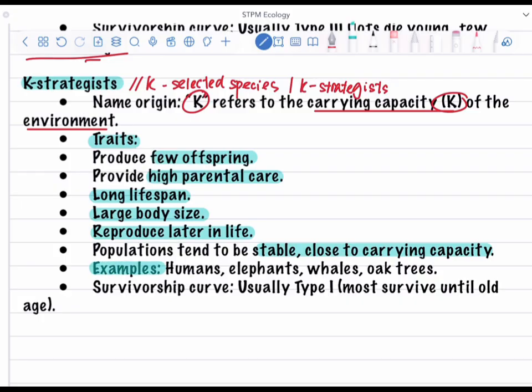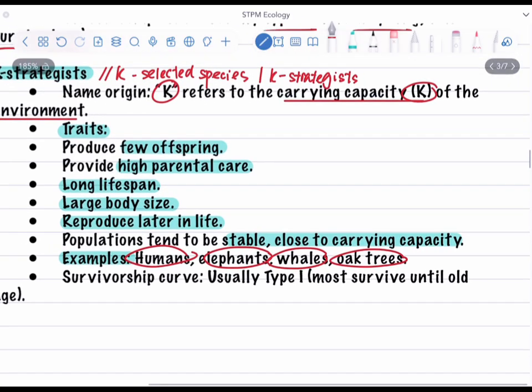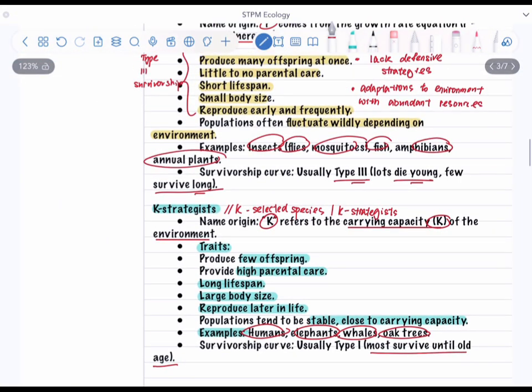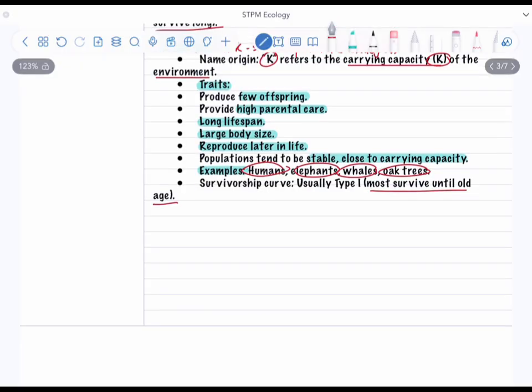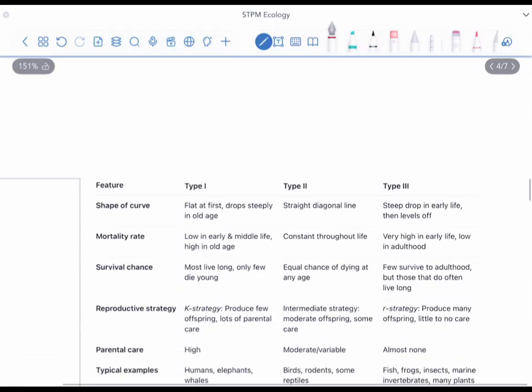The examples include what I mentioned for the type 1 survivorship, which are humans, elephants, whales, and even oak trees. The survivorship curve is usually type 1, where most of the organisms survive until old age. But for oak trees, sometimes it is not really accurate, so don't remember this as your example.